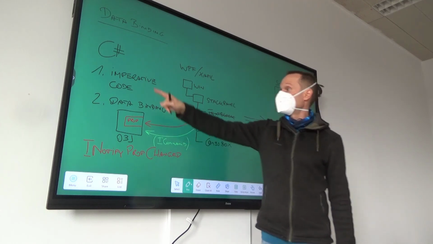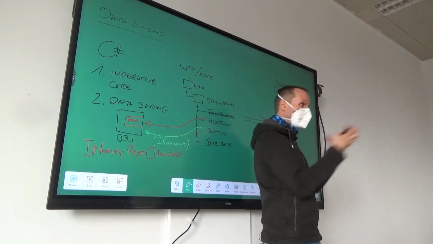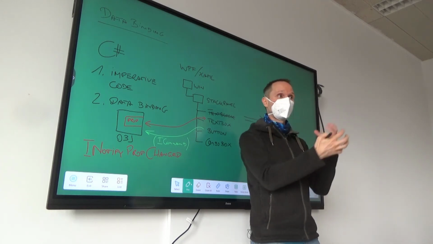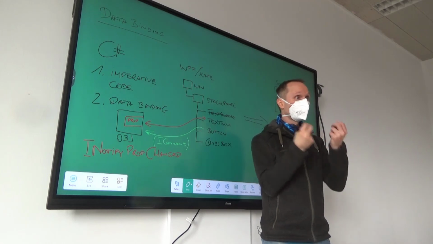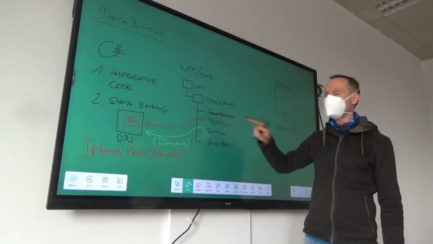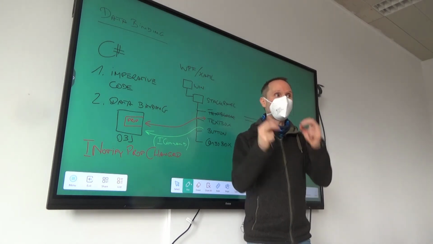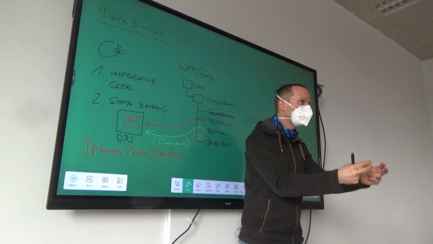Next step, we have C#. We do not do imperative code, where we grab an element and manually change the text. But what we do, we create bindings, and bindings are real objects. In this case, if we create a binding, the text box does no longer have a text, but the text is in reality a binding object.